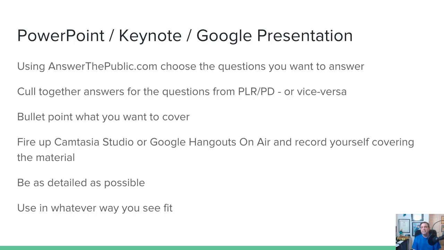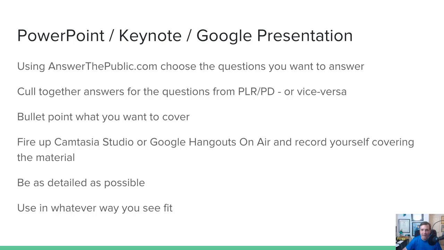In other words, you could start by doing your research with your public domain or PLR material, and then go back to answerthepublic.com and find out which questions you can readily answer, after having read through each one of these. Either way, whatever works for you, I just wanted you to know that it works in both directions.